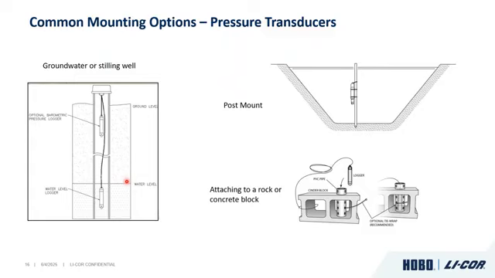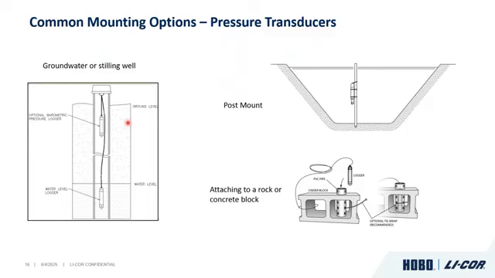So when you're doing pressure transducers, there's a number of ways to mount them, mostly because they are so versatile. So you have some options here. Over on the left, you're looking at a groundwater well or a stilling well. And what's great about this setup is you have your pressure transducer suspended from the top of a well cap. Then you can also mount your barometric pressure logger right inside the well where it's not going to be submerged.